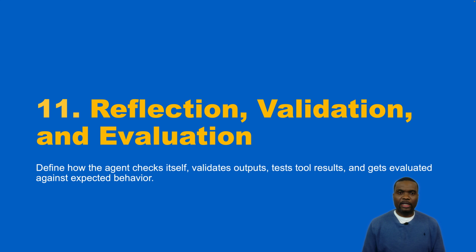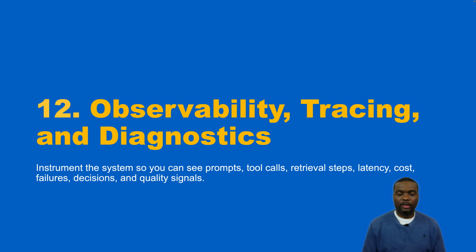So allowing the agents to check their work before presenting it to the user is important, but also over time, we want to take a look at the different aspects of the system and make sure that it is in alignment with what the original objective was. That is where evaluation comes in, and validation and reflection are also very important in order for us to give optimal outcomes to the customer.